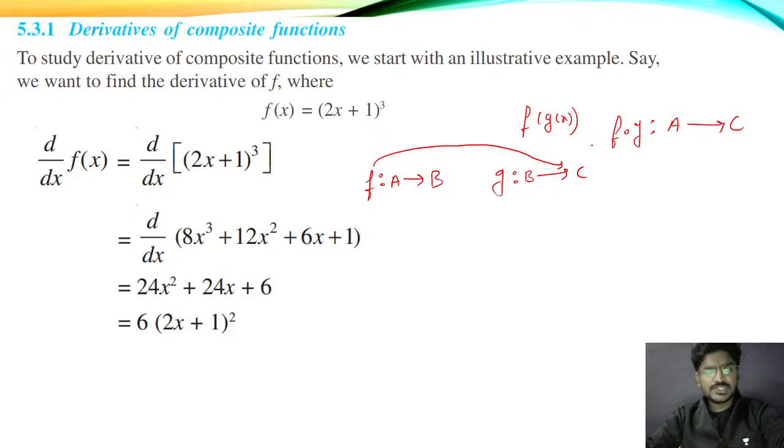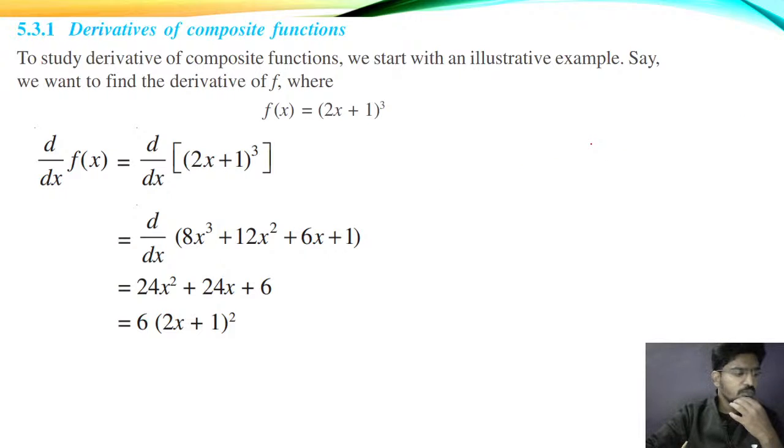Now let us choose one example of a composite function, of the type cos of log x. See here, this is f and this is g.